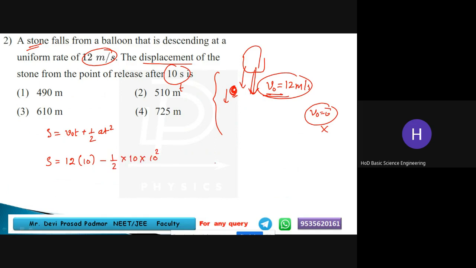Correct? So just simplify this. Simple calculation, you can do that.